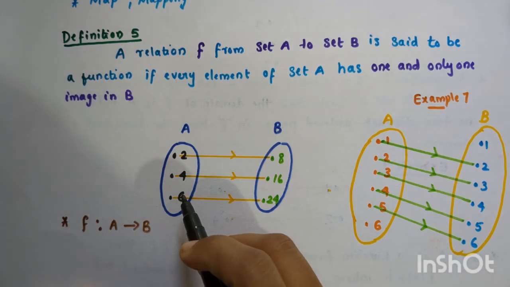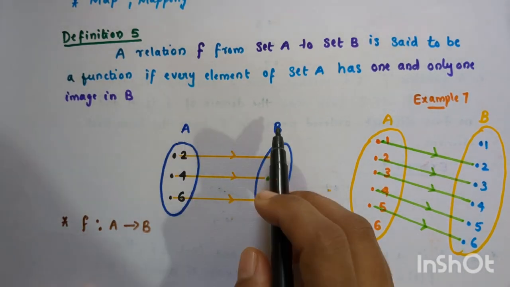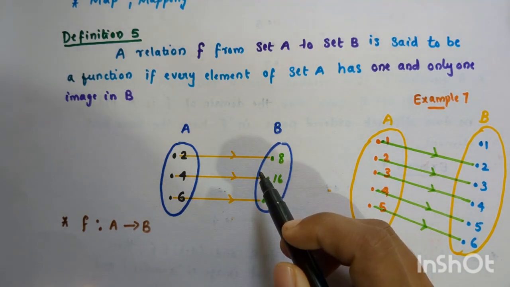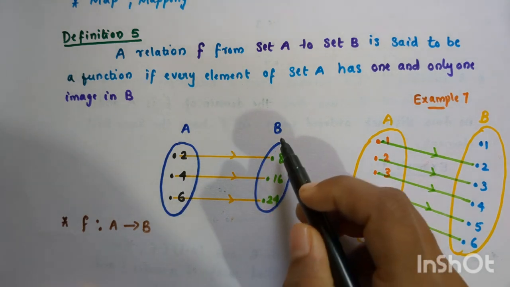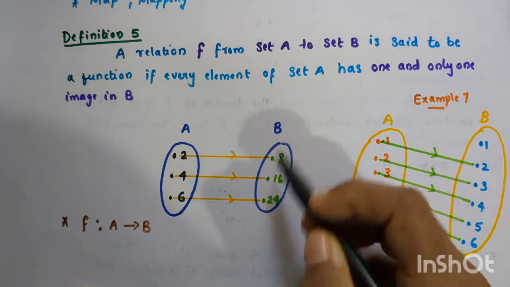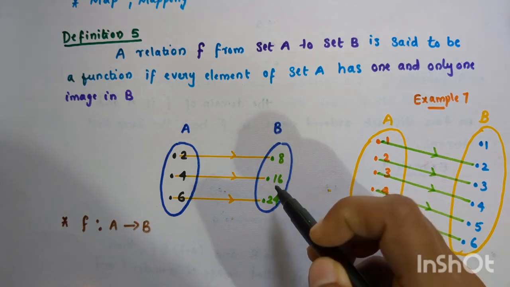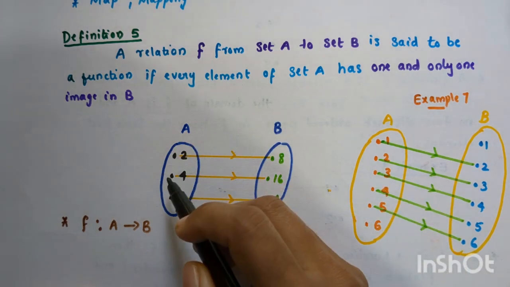For example, consider a relationship between two sets, set A and set B. This is an arrow diagram representation. The second element in the relation is actually called the image. So 8, 16 and 24 are the images of these elements in the first set.